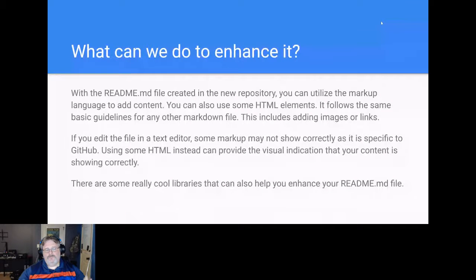So the README file that is created in this repo is what you actually mark up. And because it is a markup file, you can do pretty much any kind of markup stuff in it. That includes even adding some HTML elements, such as P tags or H tags, image tags, and divs.